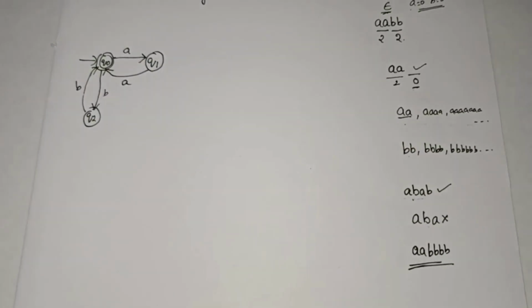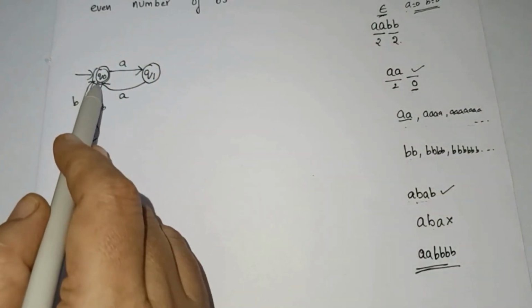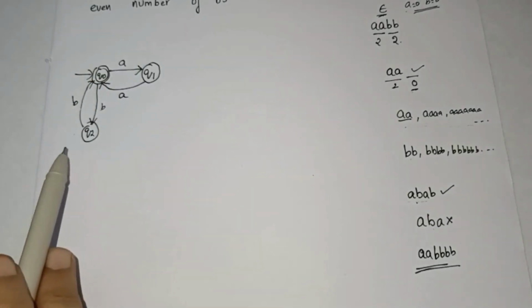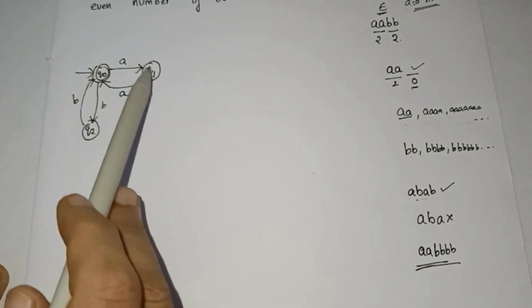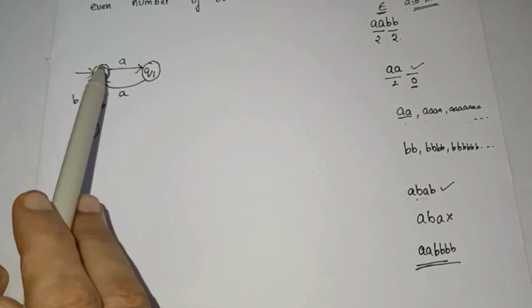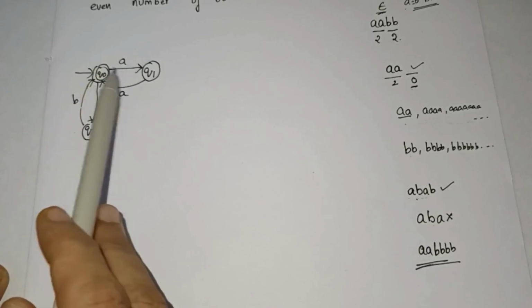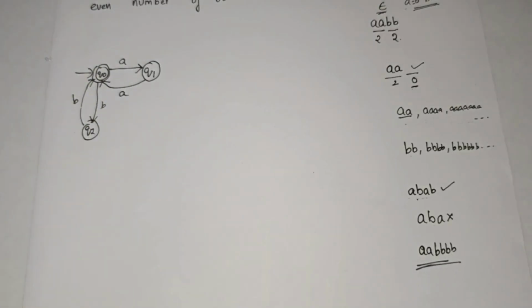This kind of string should be accepted. A, A, then 2 B's, 4 B's. This is also accepted. When A is 0, all even B's are accepted. When A is 2, all even B's are accepted. When A is 4, all even B's are accepted.